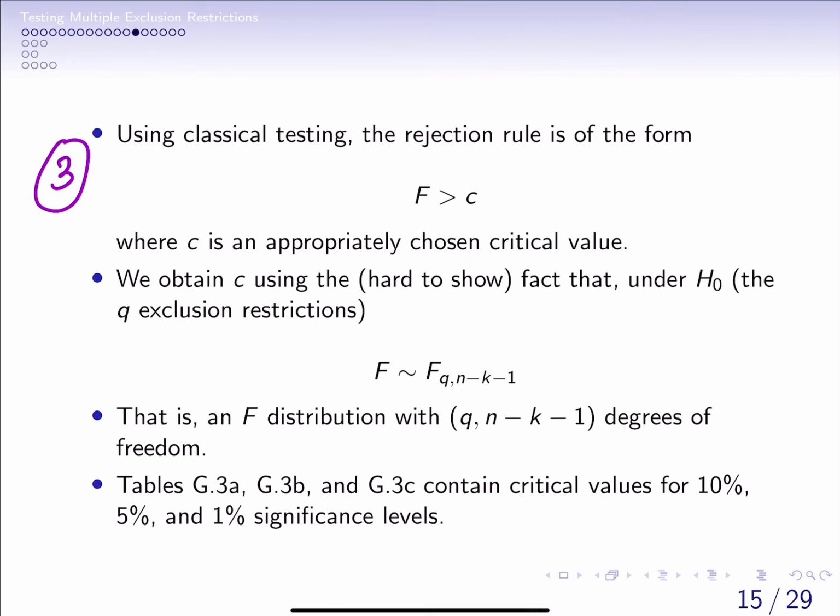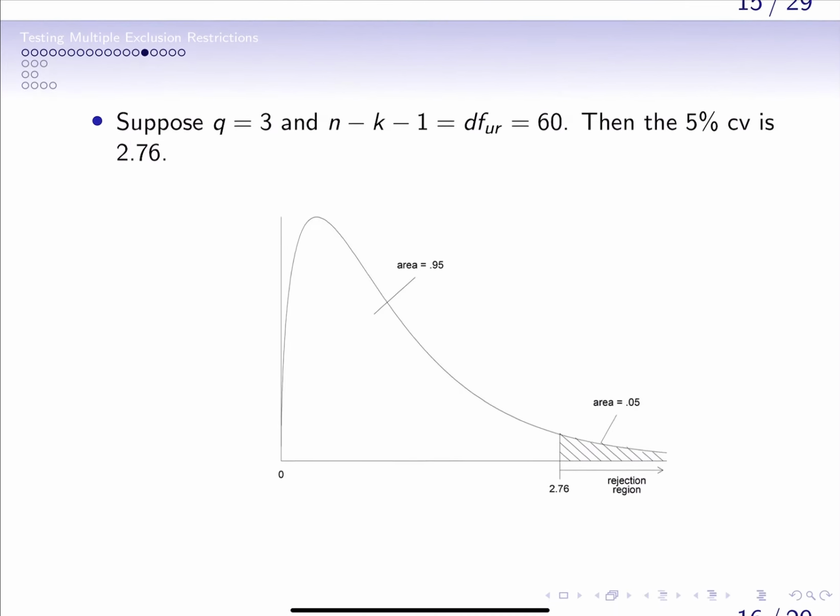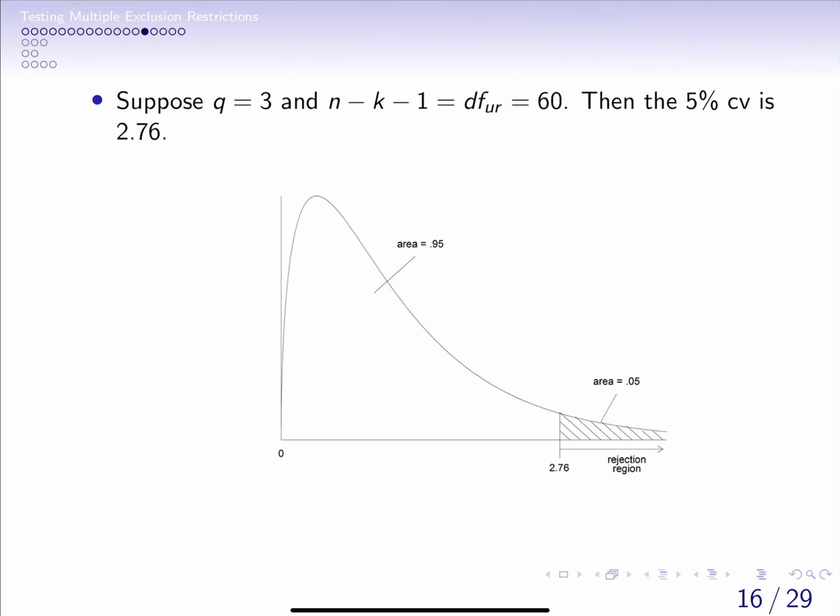So once we have the F statistic calculated, we can obtain the critical value from the tables. And in software, I'll show you how to do that in R. But basically, we can go to the F tables. And for that, we will need the degrees of freedom, the number of exclusion restrictions in our model, and the level of the test, the significance level.